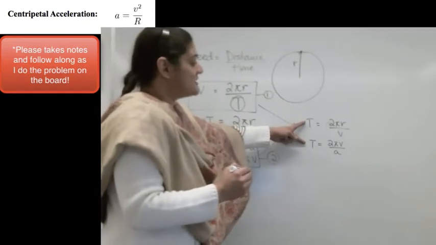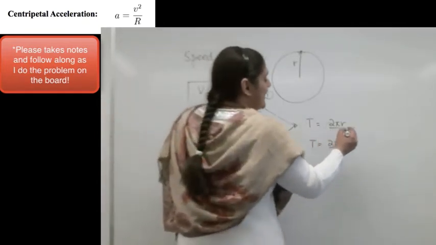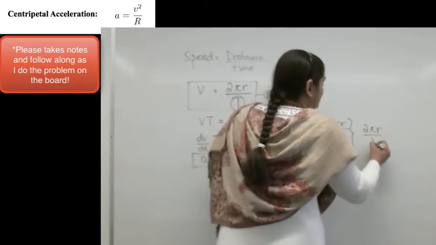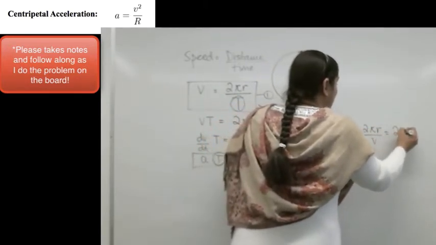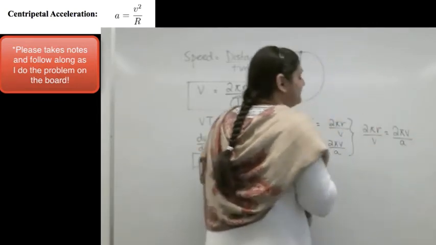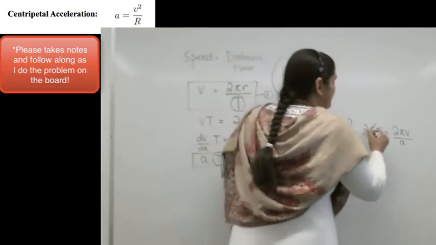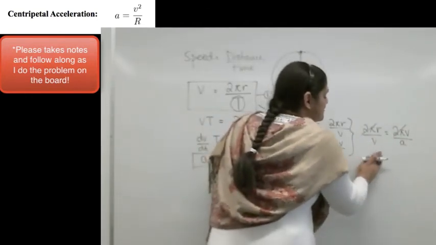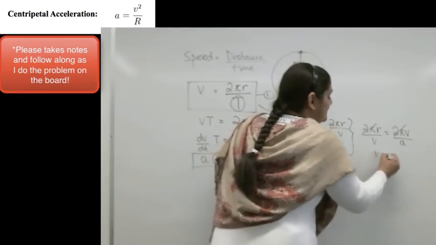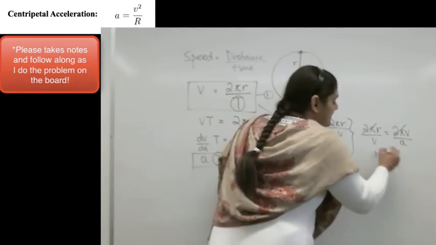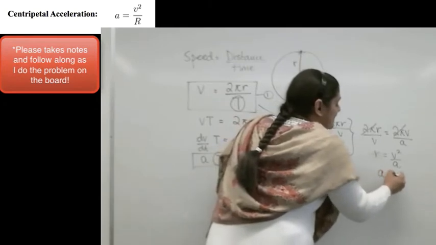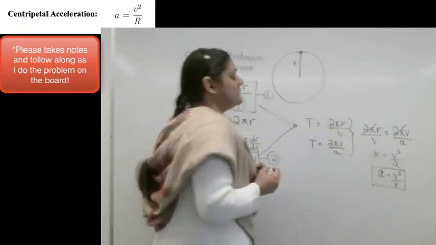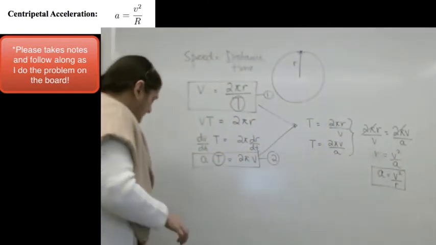Since these both are T's and therefore the same expression, I can write 2 pi r over v equals 2 pi v over a. Correct? 2 pi goes away. So let me write it in another way: r equals v squared over a. And that means a equals v squared over r. So this is that formula that we were just talking about, right?